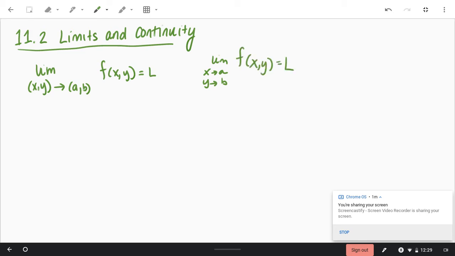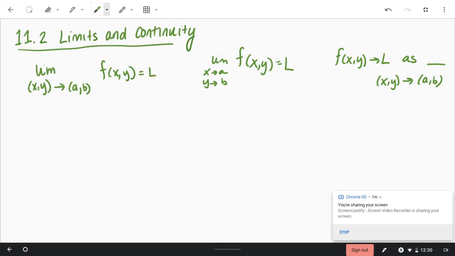And you might see something a little less likely: f(x,y) goes to L as (x,y) goes to (a,b). They basically all mean the same thing.